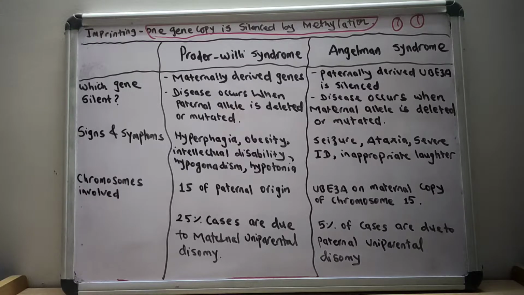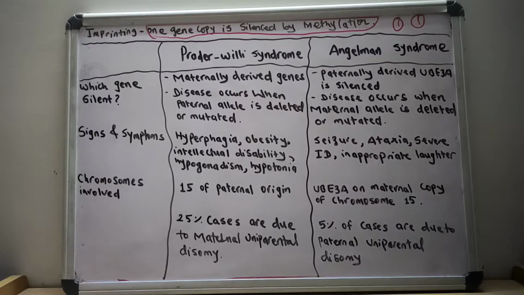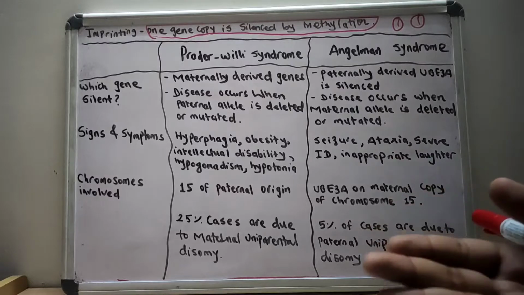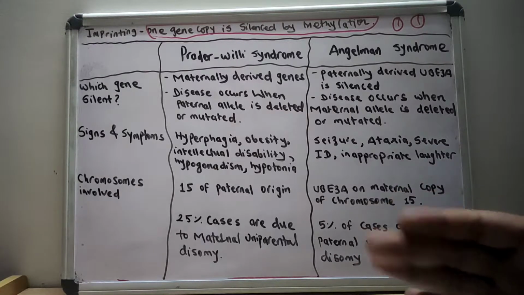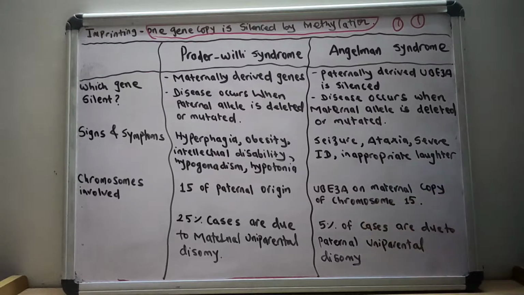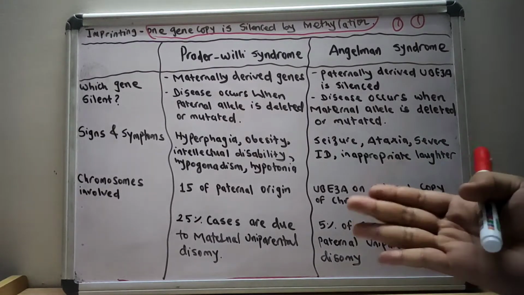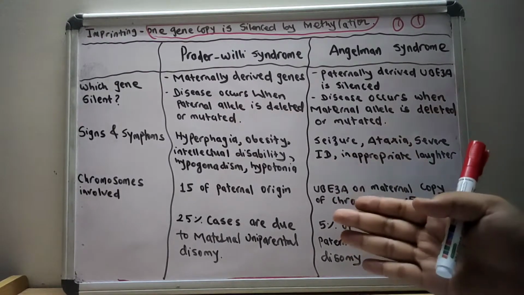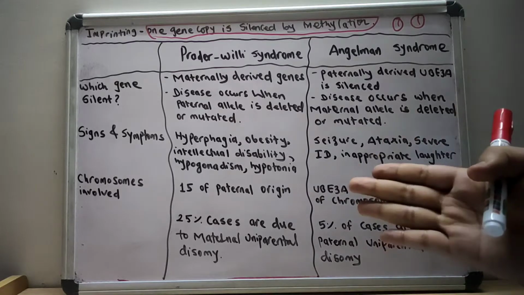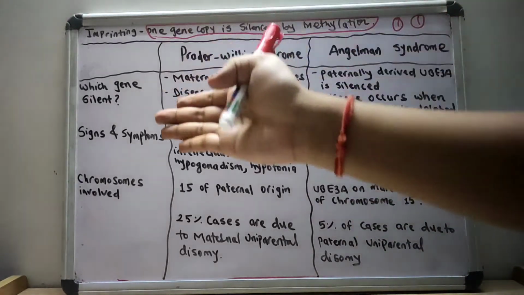That is the parent of origin effect. We see only the effect of the paternal gene or only the effect of the maternal gene. Both effects are not seen in the human body, as one gene copy is silenced by methylation, and this is known as imprinting.